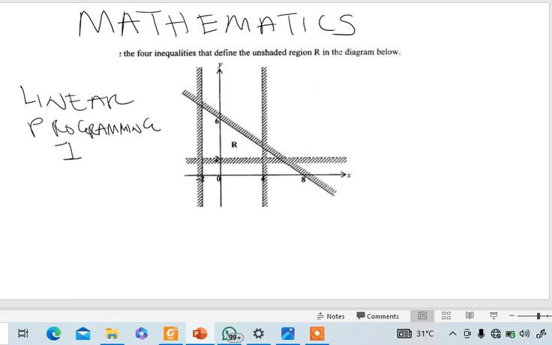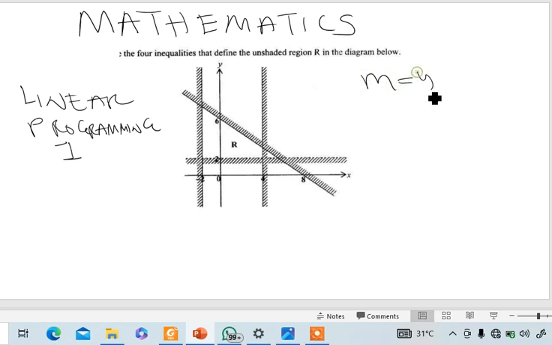Yeah, I know it's cut, but the question should read: state or write the four inequalities that define the unshaded region R in the diagram below. Okay, so now to help us answer this question, there is one important formula that we have to do. Yeah, the first one is going to be this one.